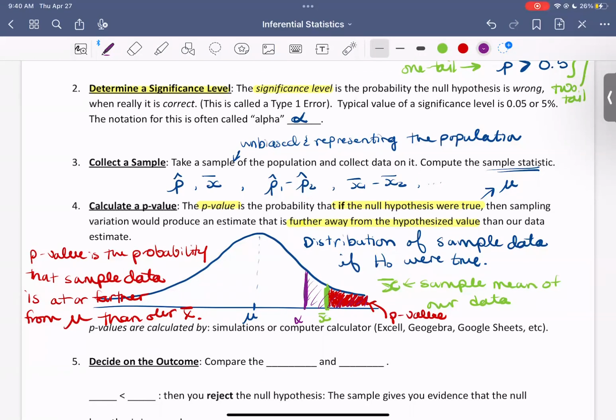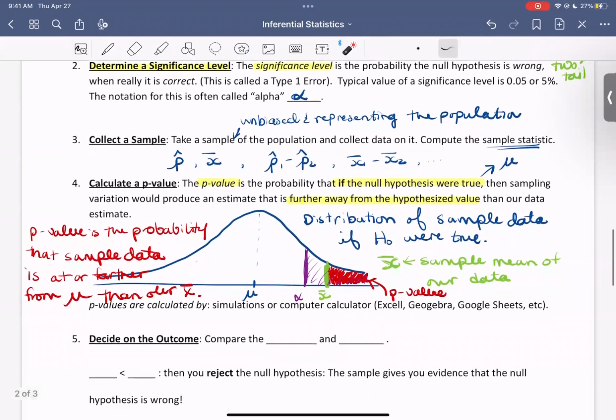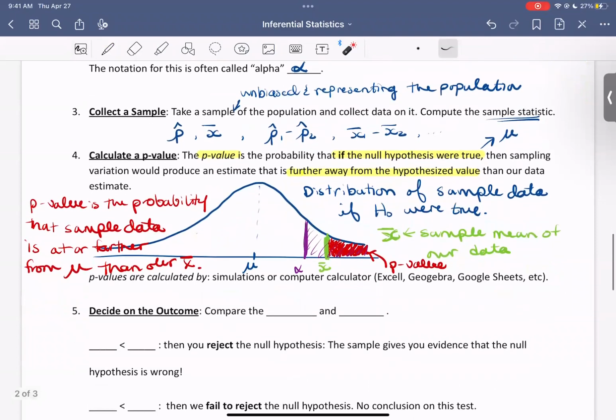So this would mean that the p-value falls outside or within the alpha. So we're going to say this must not be true. We're only willing to accept whenever our p-value is going to be larger than that alpha. We'll break that down in a minute, but I just want to show you the visual there of comparing alpha and the p-value, which will get us into step 5.